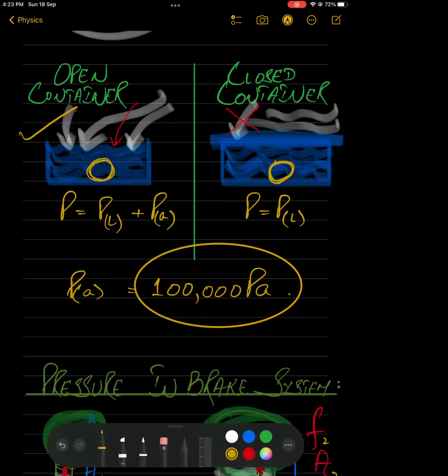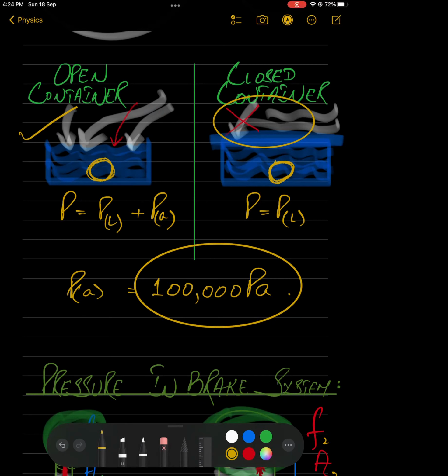Now coming to the closed container, तो क्लोज्ड कंटेनर में आपका जो ऑब्जेक्ट है उसके ऊपर सिर्फ लिक्विड का प्रेशर लग रहा है. Why is that so? क्योंकि यहाँ पे आपकी जो एयर है वो इन कांटेक्ट नहीं है, the air is not in contact with the liquid. तो अब जो पार्टिकल्स फोर्स अप्लाई कर रहे हैं बॉल पे या ऑब्जेक्ट पे इन द क्लोज्ड कंटेनर, तो वहां पे आप ना सिर्फ ये देखें कि कंटेनर क्लोज्ड है, बल्कि आपने ये भी नोटिस करना है कि अब एयर पार्टिकल्स अपनी फोर्स ऐड नहीं करवा रहे हैं लिक्विड में.